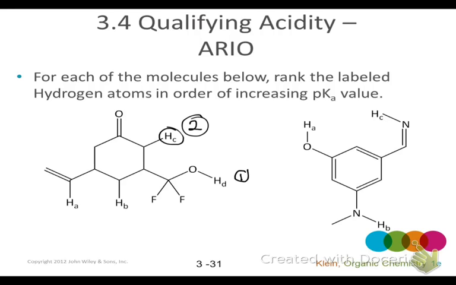Orbital ends up being more important in this case. This is on an sp2. So this will probably be more acidic than this because that's on an sp3. So I would say this one is 3, and this one is 4.